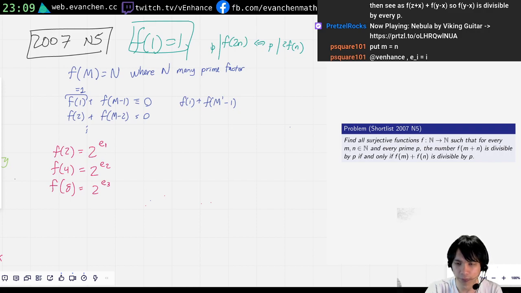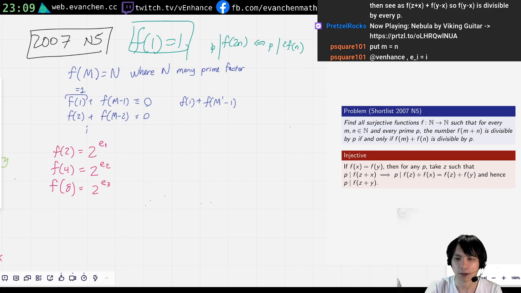That implies p divides f of z plus f of x, which implies p divides z plus y, and then let's do p impossible.